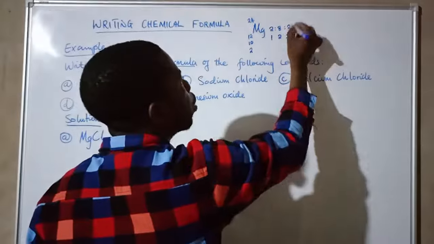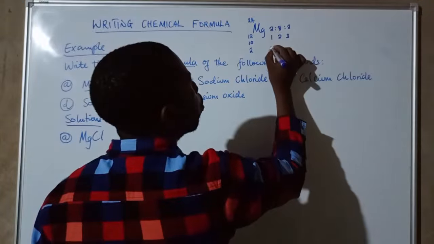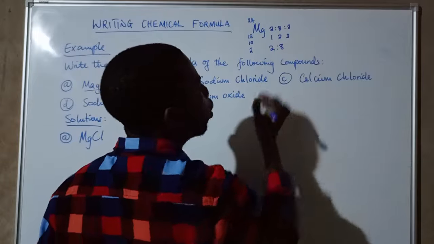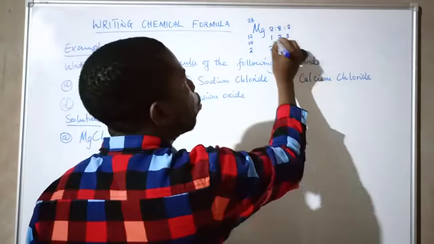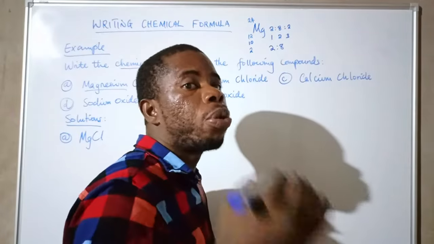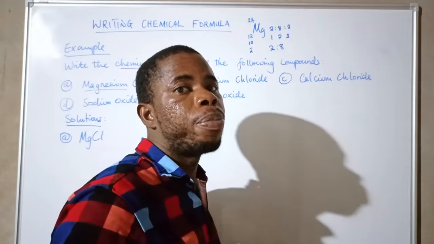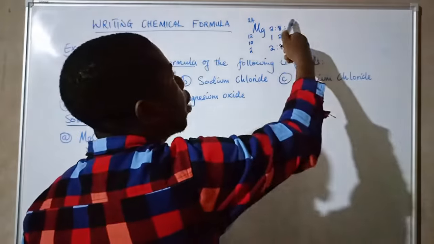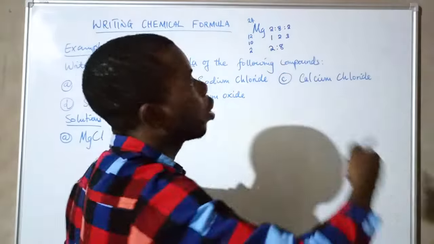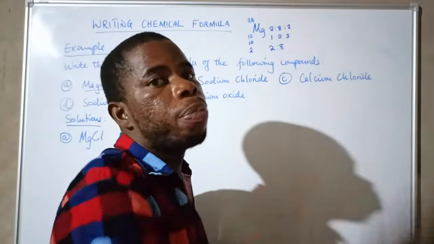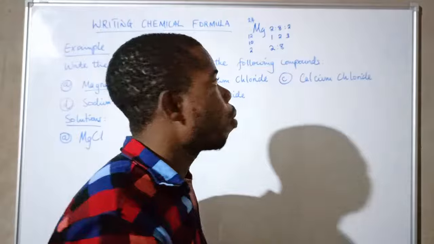When it loses this, it will remain with this shell with 2 and then with this shell with the 8. So this is considered to be stable. A last shell must always contain the maximum number of electrons required in there. That's why this doesn't have, so it should lose those electrons so that we remain with this as the last shell because it has the maximum number of electrons required.